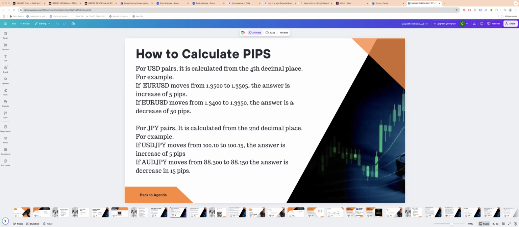So now I know it's the difference in the fourth decimal place after the decimal point. But the easiest way I calculate it is you just take the next 4 digits after the decimal point and you calculate the difference.